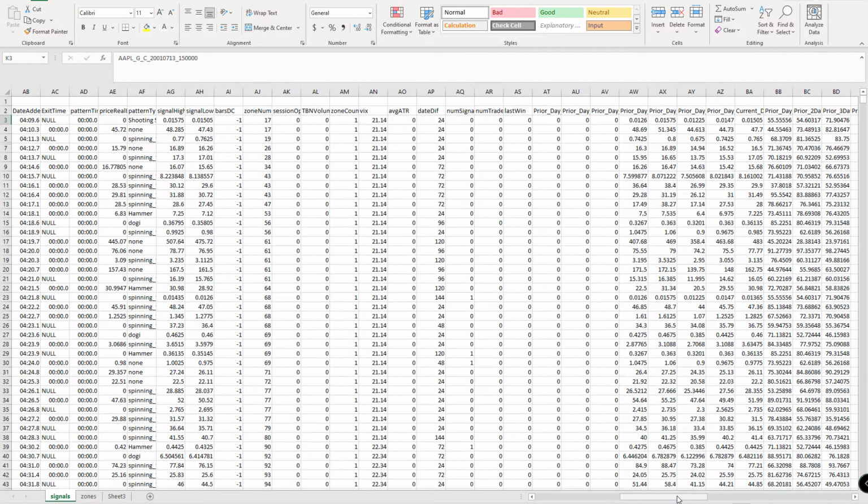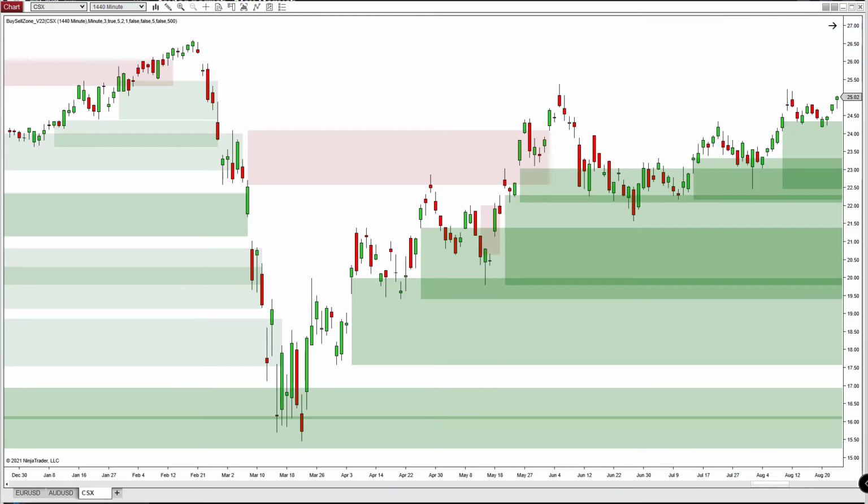I can now take this, and my market structure zones in essence come to life. Now, what do I mean by that? Well, I can take a zone and say, all right, a zone with this type of criteria, this size, has an average win of X and an average loss of Y. What I mean by size is the size from the high to the low.